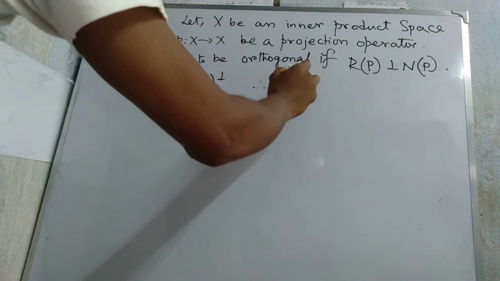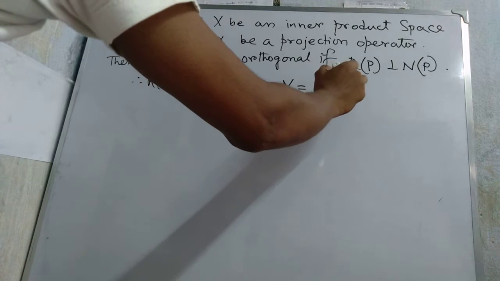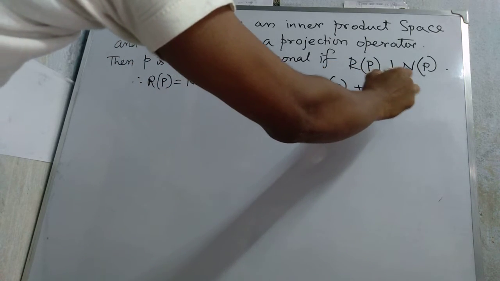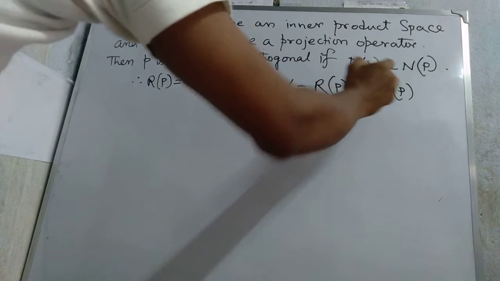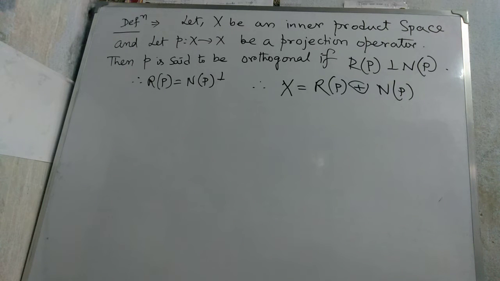So X equal to R(P) direct sum N(P). Okay.